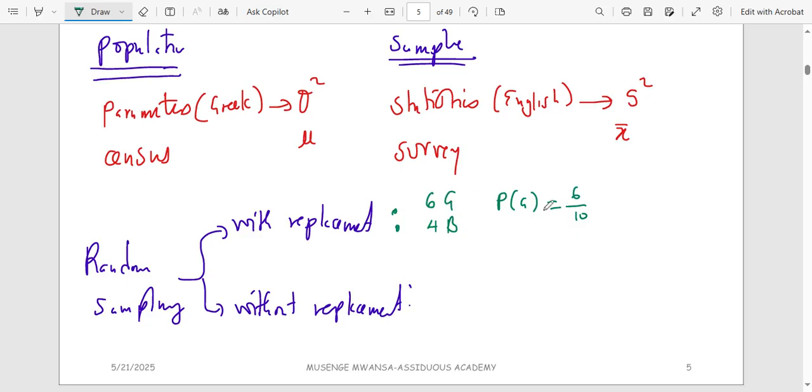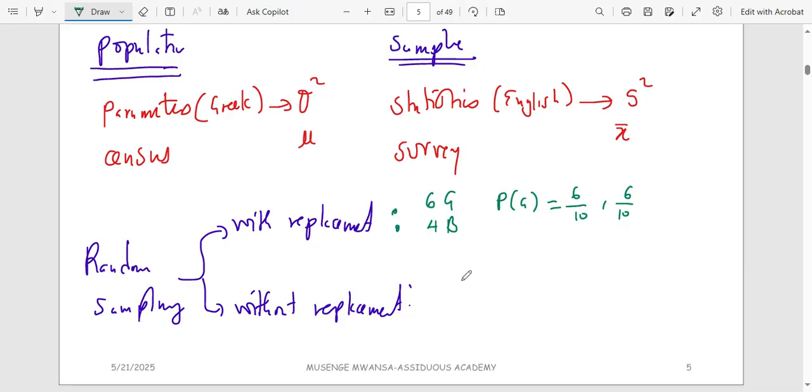Now if you got a green ball, and then you had to replace that green ball, what is the probability of picking the next green ball? So it's still going to be 6 out of 10. Why? Because we had to replace the green ball that we picked, we put it back and then we picked again. So here the total is going to be, you get to multiply these two.